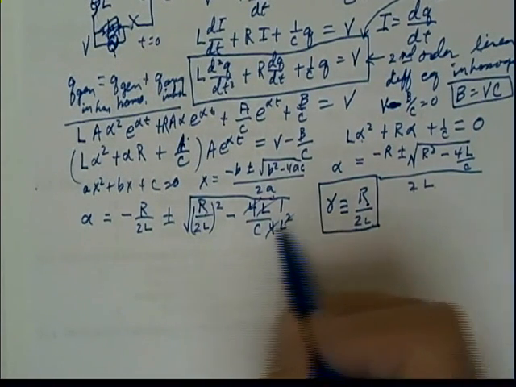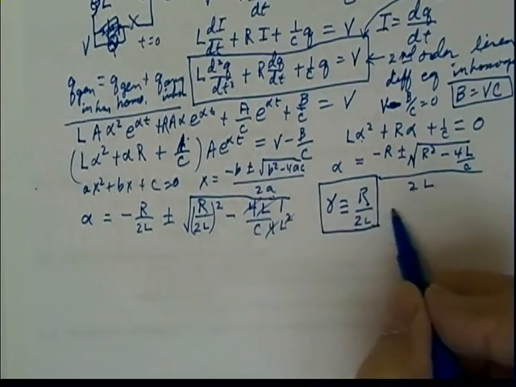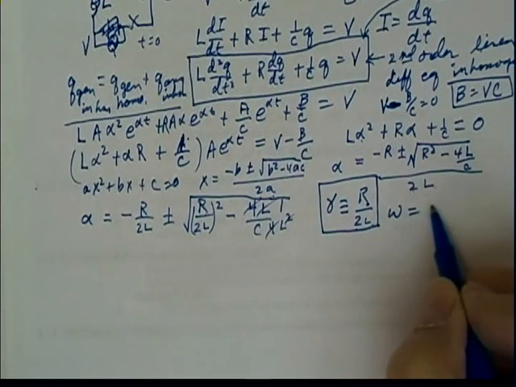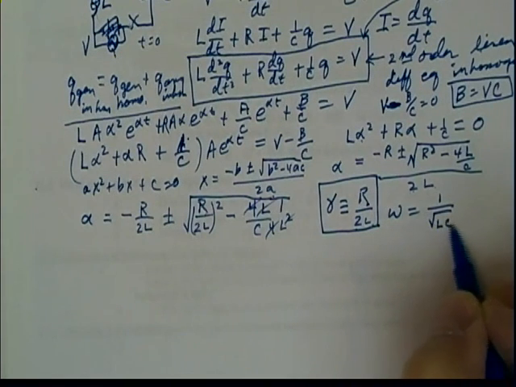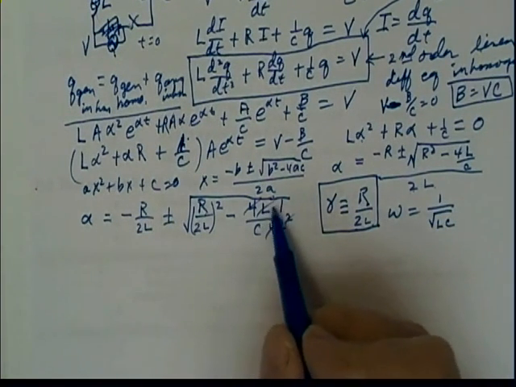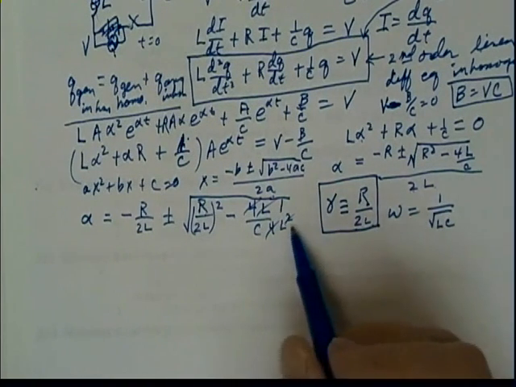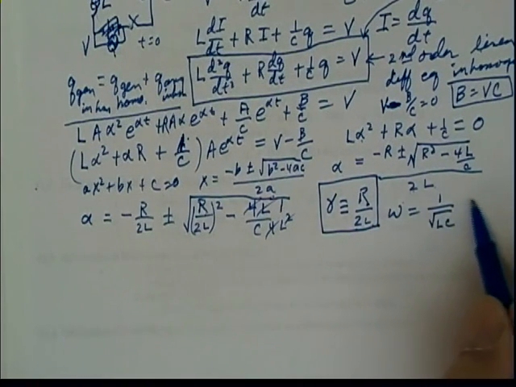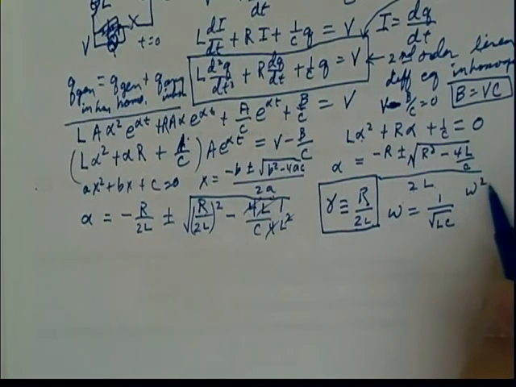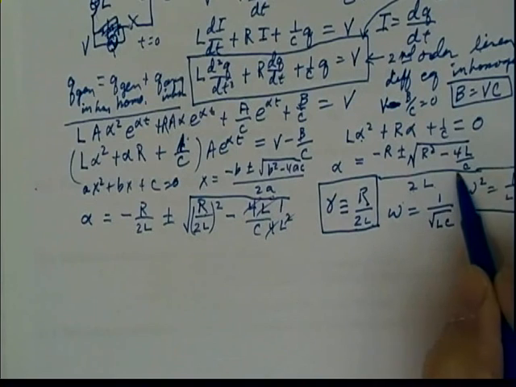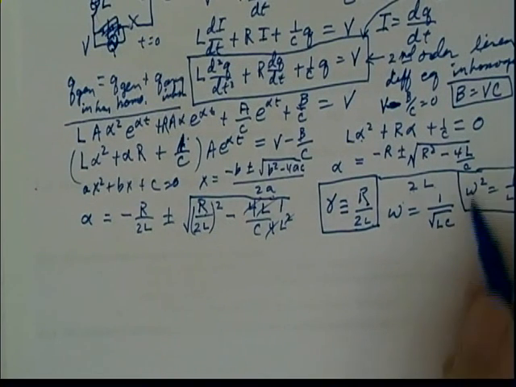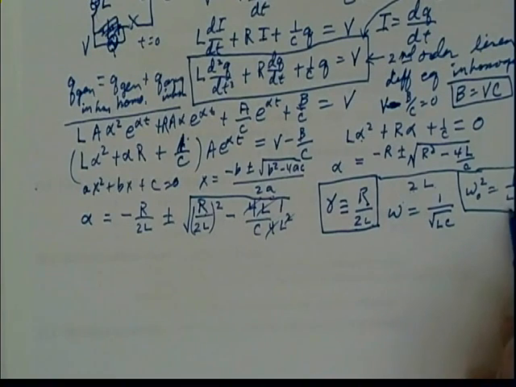Then I'm going to define omega as 1 over the square root of LC. And that's this term right here. Or I could say omega squared is equal to 1 over LC, if you wish. Either way. I'm going to put a naught there because we need another omega later on.